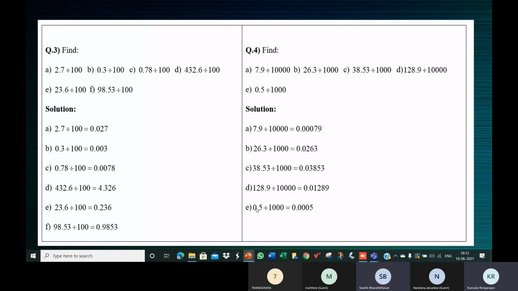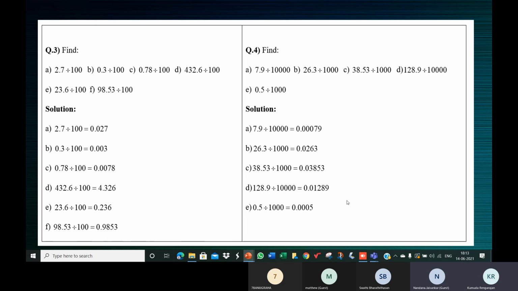Nandana, try the last one, E. Ma'am, we have 1 digit and we have 3 zeros. So 1 plus 3 is 4. So the answer should have 4 decimal places. How many digits do you have here? Only 1 valid digit, 5.